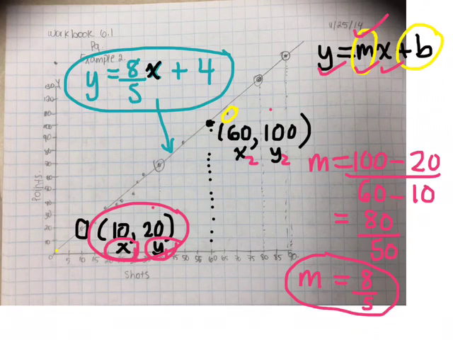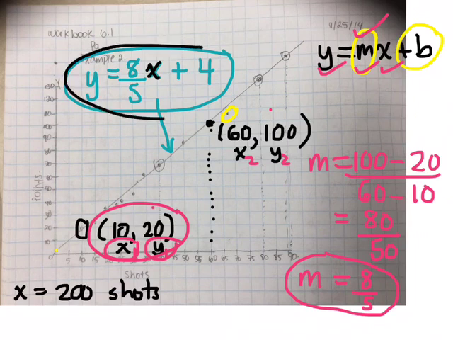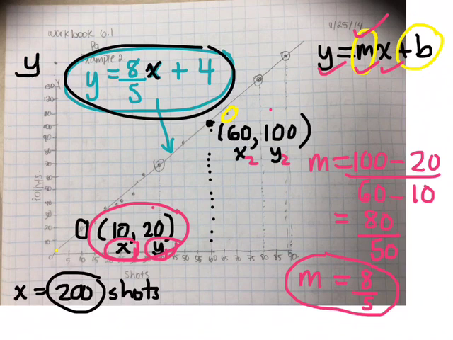So let's say I want to know if somebody takes 200 shots, so if x is equal to 200, can you tell me, based on this trend, how many points they would get? Can you do this now without using the graph? Yes. Because we have an equation. What are we going to do with this number 200? Substitute it for x, plug it in, and figure out your y value. Our y value is our points.